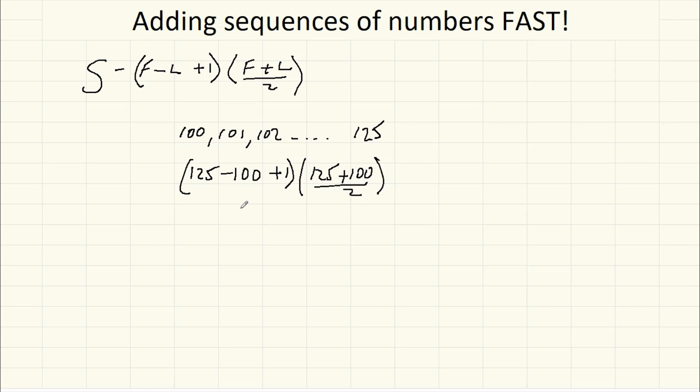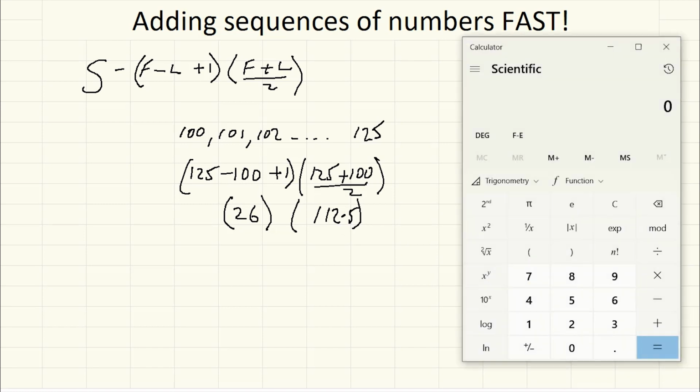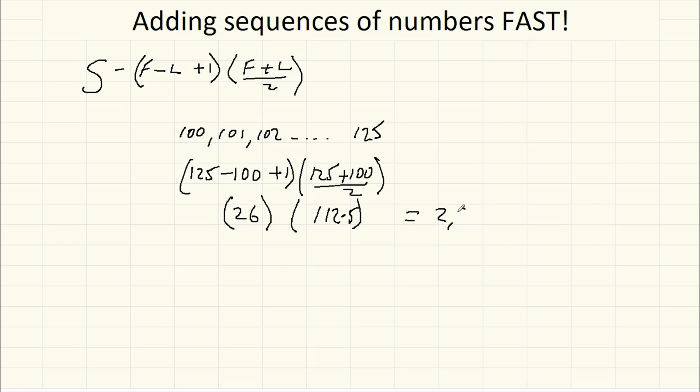This gives us 26, and this gives us 225 divided by 2, which is 112.5. Okay, multiplying these together gives us 112.5 times 26 equals 2925. 2925, and that is the answer.